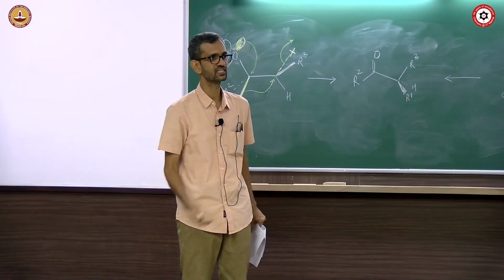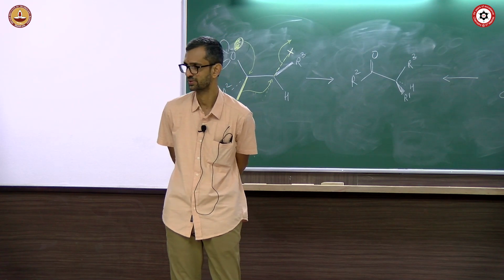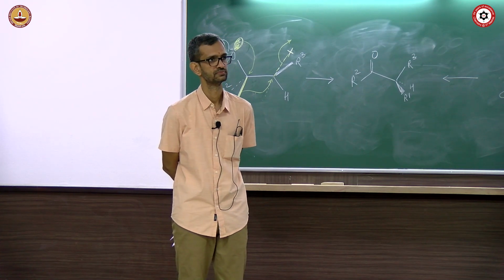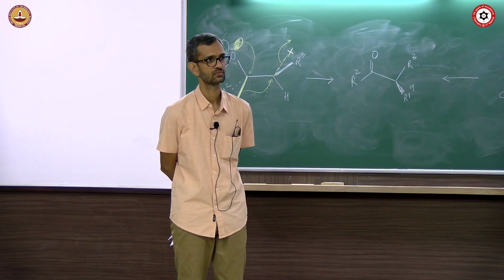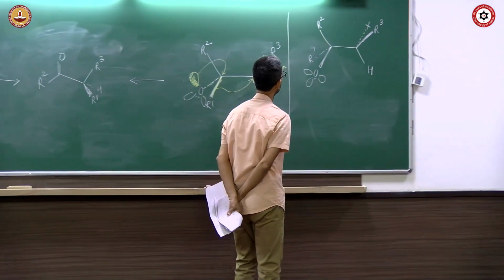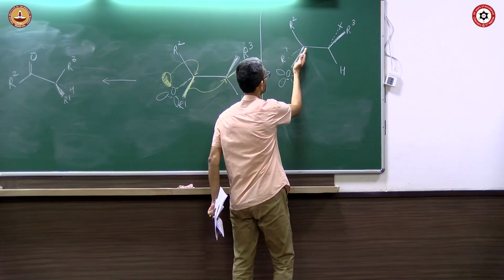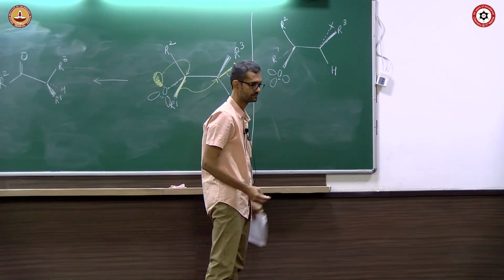So if oxygen is anti-periplanar to the leaving group, O minus is anti-periplanar to the leaving group, what will you see? O is anti-periplanar to the C-X.